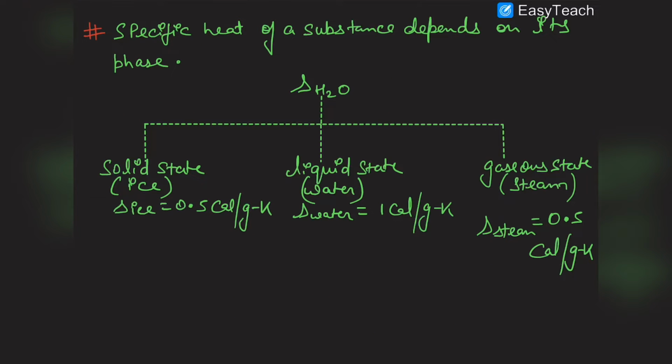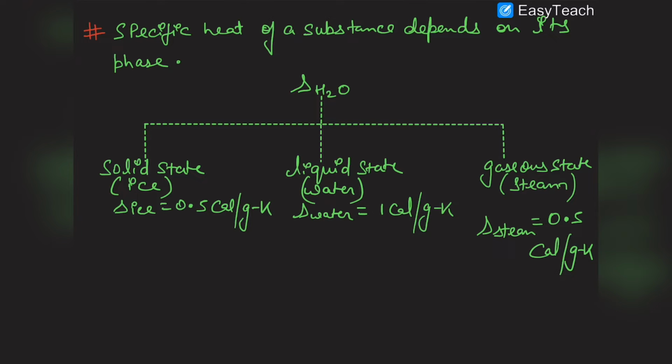Now let us analyze on what factors this specific heat depends. So we all know that H2O can exist in 3 forms: the solid, which is the ice, the liquid form, which is water, and the gaseous form, which is steam.